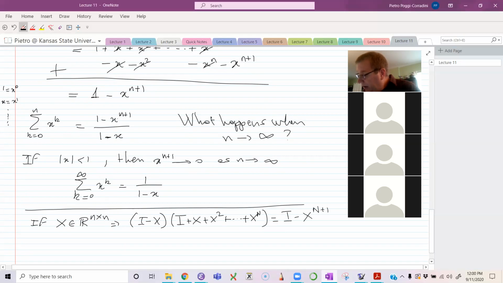I'm going to use capital N here because I have little n there. That makes sense. This is just an identity for matrices that I can just see by distributing and canceling.